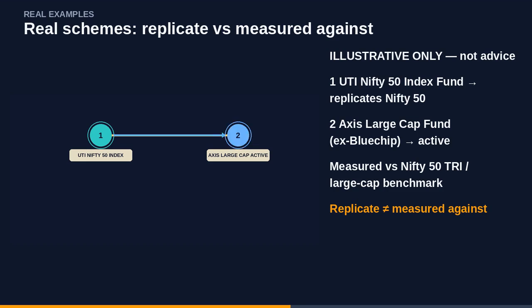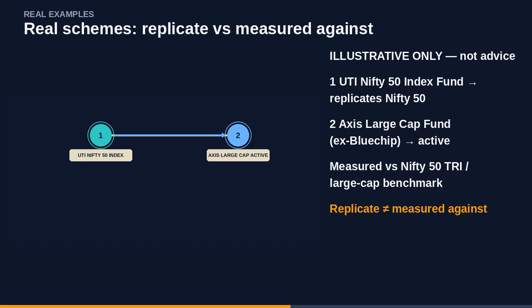Attach the two jobs to real Indian scheme names without treating either name as advice. UTI Nifty 50 Index Fund is an open-ended scheme whose job is to replicate/track the Nifty 50 methodology, subject to tracking difference and costs. Axis Large Cap Fund, formerly Axis Blue Chip Fund, is an active large cap scheme.